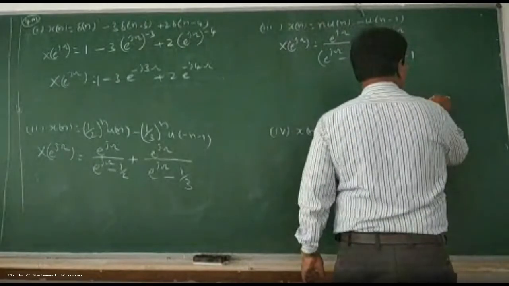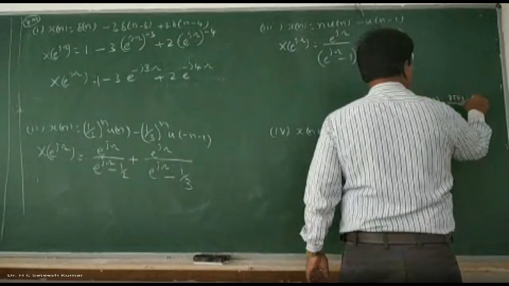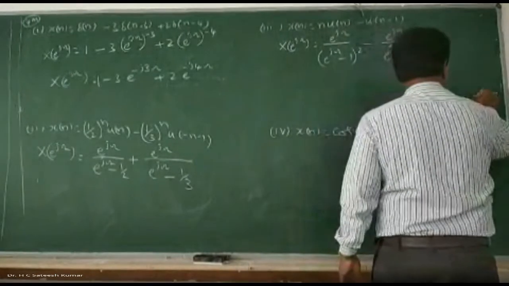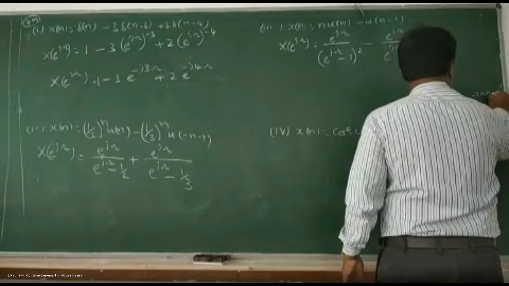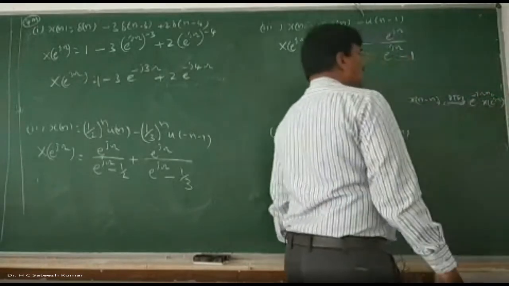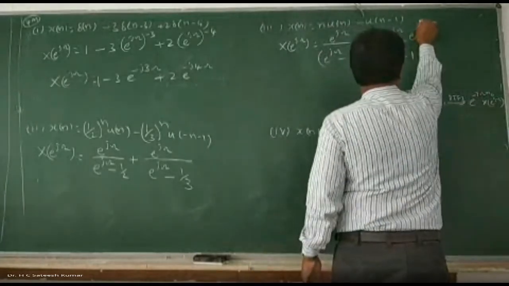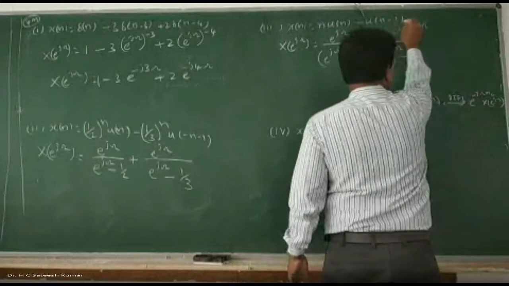X of n minus n naught has DTFT e to the power of minus j omega n naught into x of e to the power of j omega. So that is multiplied by e to the power of minus j omega n naught, where n naught is 1, so minus j omega 1.